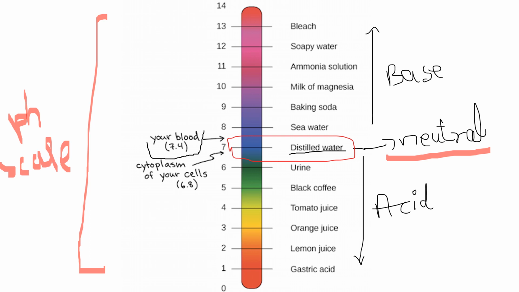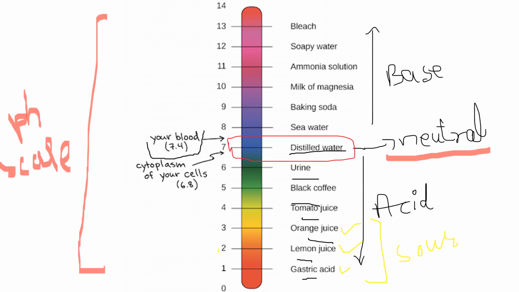Apart from that, in the acids we have urine, black coffee, tomato juice, orange juice, lemon juice and gastric juice. Now you just have to look at the common thing in all these acids. The gastric acid, lemon juice and orange juice all smell and taste sour. The orange juice is less sour than the lemon juice.